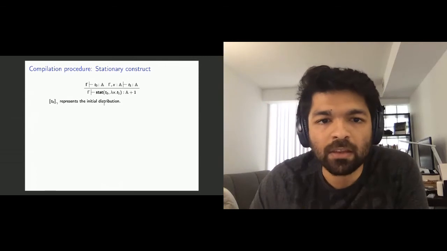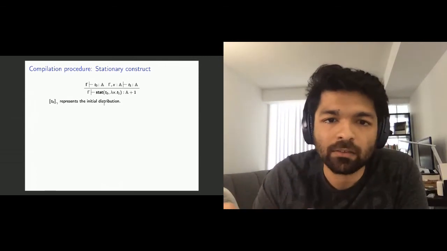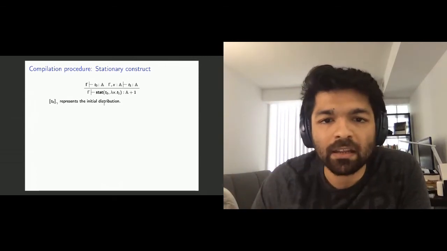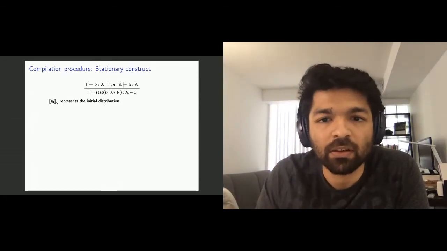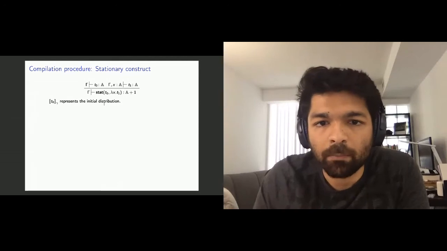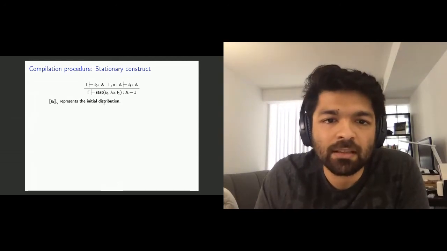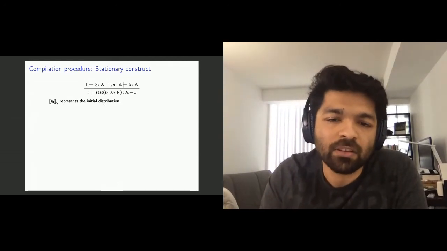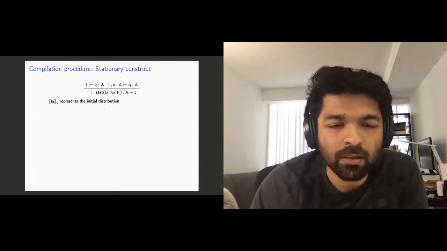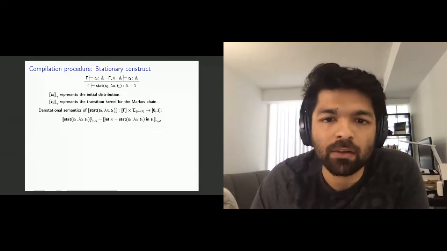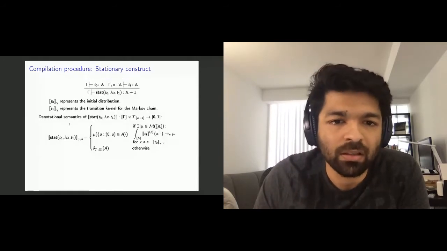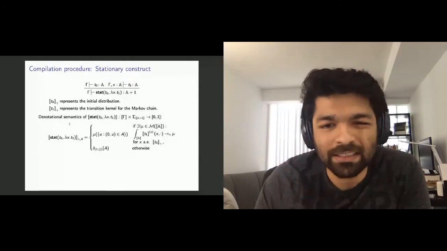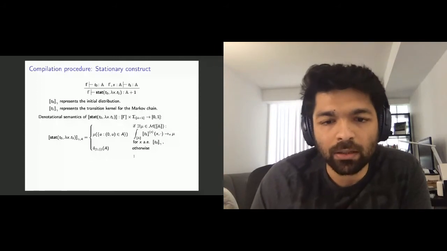Essentially, the denotational semantics for stat is that stat is the distribution that leaves this transition kernel T1 invariant. So stat is any distribution that essentially satisfies this program equation. We can write this more formally, but these details are not very relevant at this point.